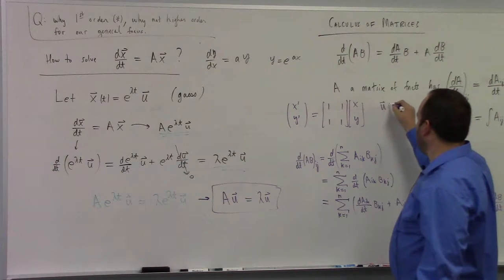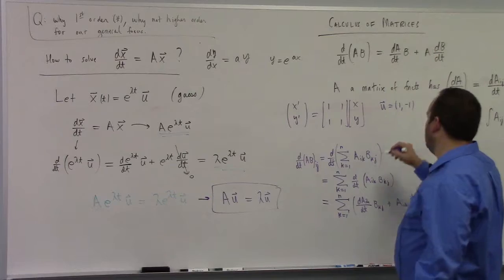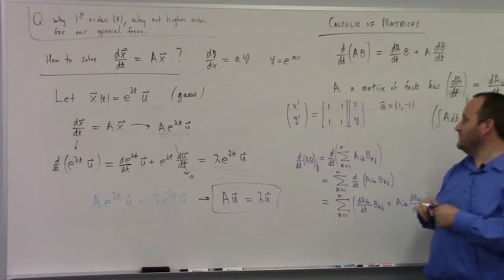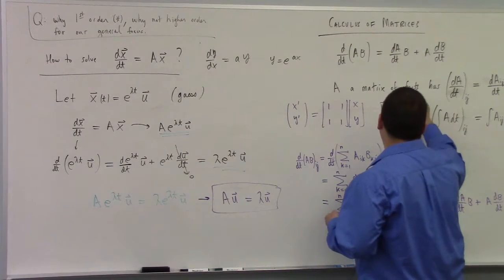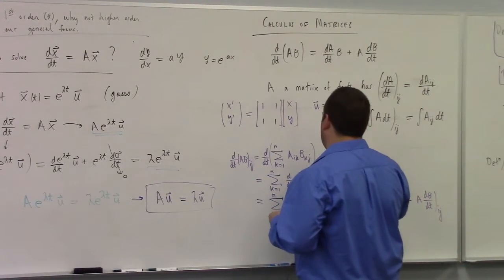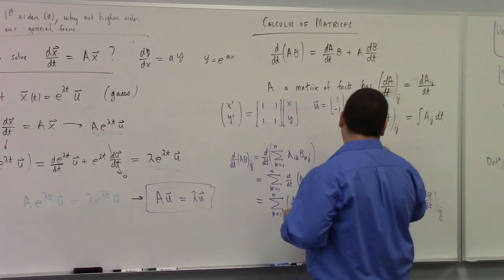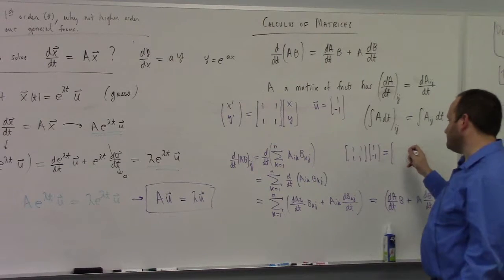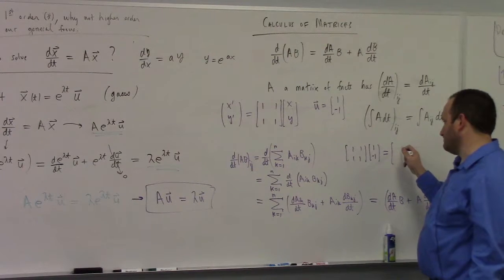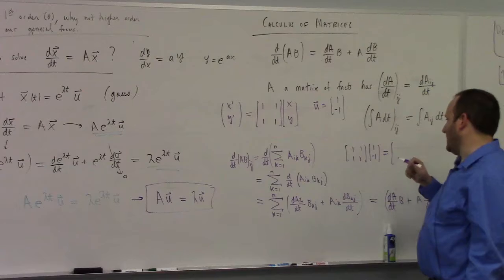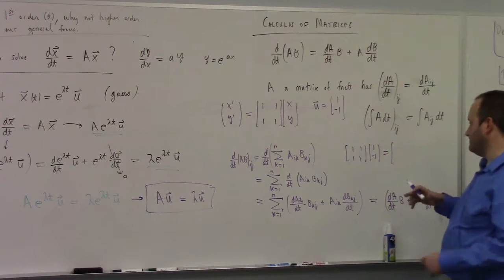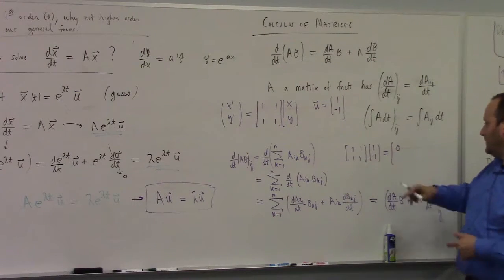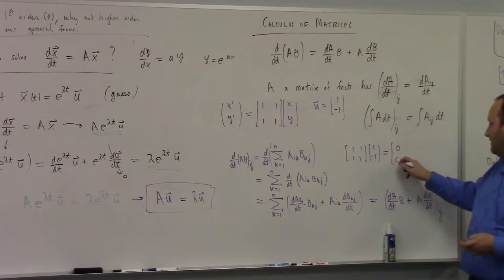If I look at u equals 1, minus 1, that's an eigenvector of this, because if I do 1, 1, 1, 1 times 1, minus 1, what do I get? 1 minus 1, 0. And 1 minus 1, 0.